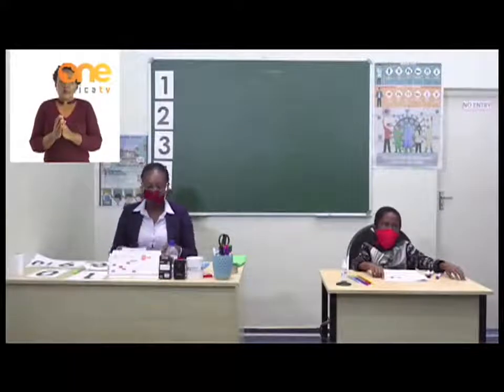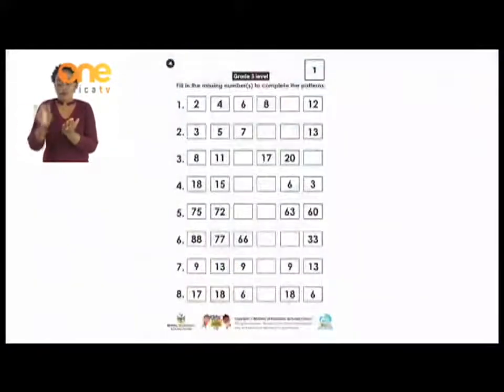Let's now turn to page 4, where we are going to fill in numbers to complete the patterns. This work is for grade 3s. In filling in numbers, there are some rules we need to follow. At number 1, we have 2, 4, 6, 8, then there is a box, and 12.